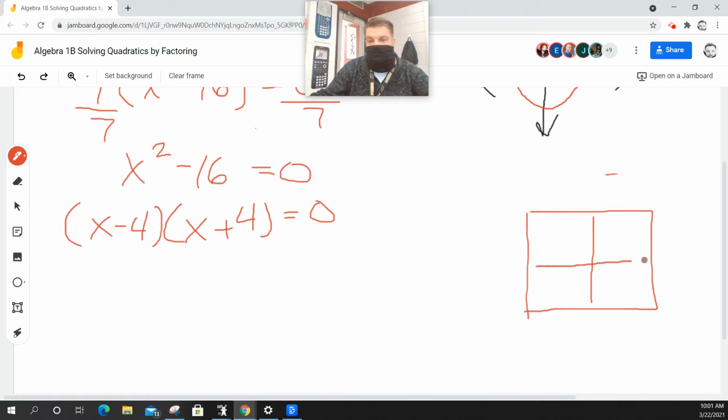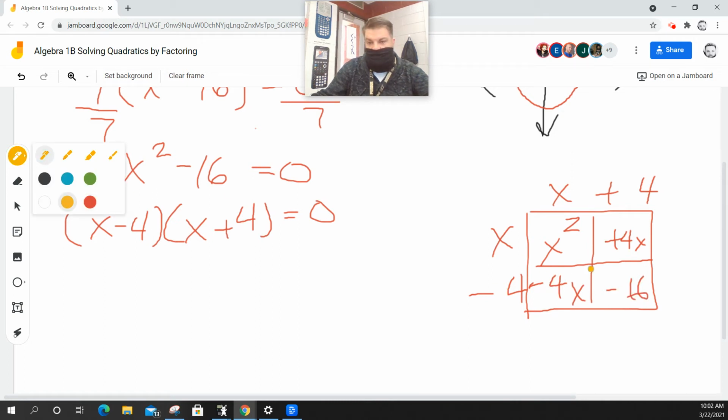So we could verify that. x plus 4 times x minus 4, and I get x squared plus 4x minus 4x and minus 16. And what happens here, this positive 4x gets canceled by this negative 4x, and that's the pattern, right?